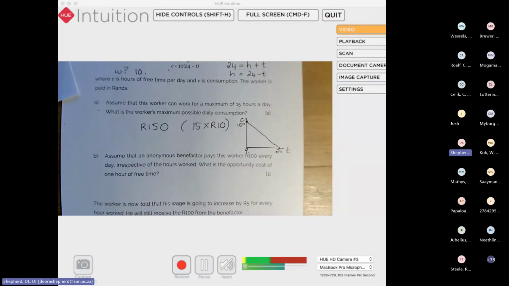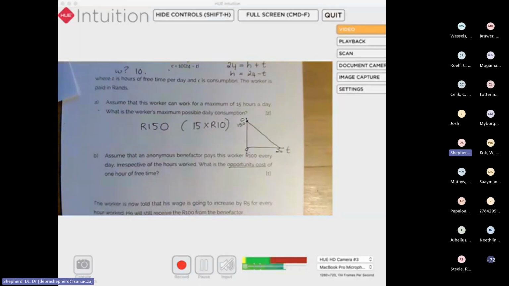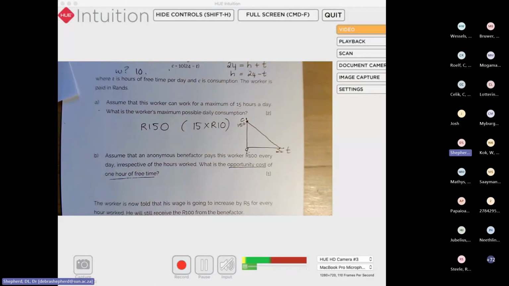Now assume that an anonymous benefactor pays this worker 100 Rand every day, irrespective of the hours worked. What is the opportunity cost of 1 hour of free time? Okay, so what do we mean by the opportunity cost of something? We mean this is what you have to give up if you consume this thing.